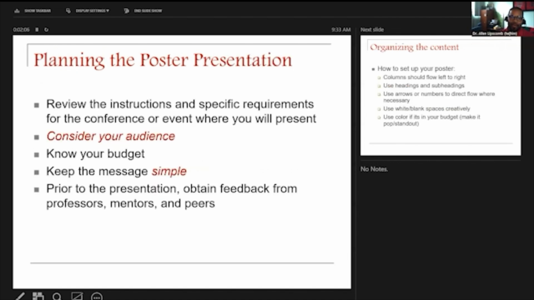So for the planning of the poster presentation, you want to review the instructions and the specific requirements that are set out by maybe your professor or the conference organizers so that you know what the requirements are for your poster, right? You also want to consider, who is my audience?